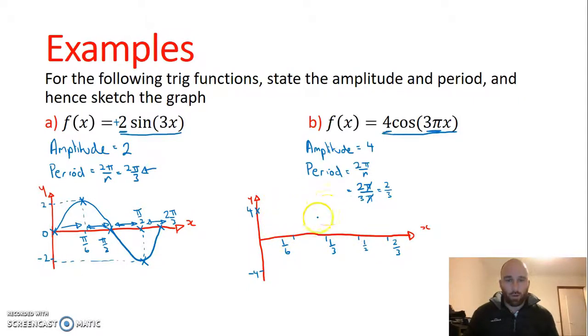So this is going to be drawn very similar to this one, but remember that it starts at the y-intercept of 4. As we start there, we go down, cut the axis at 1/6, have a minimum at 1/3, cut the axis at 1/2, and then finish right up there at 2/3.